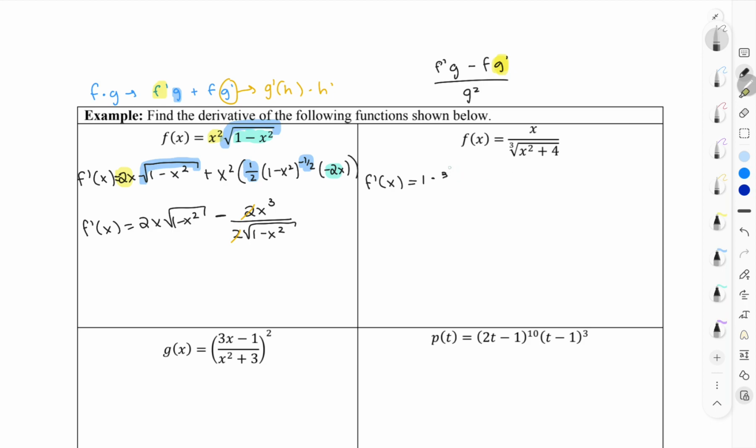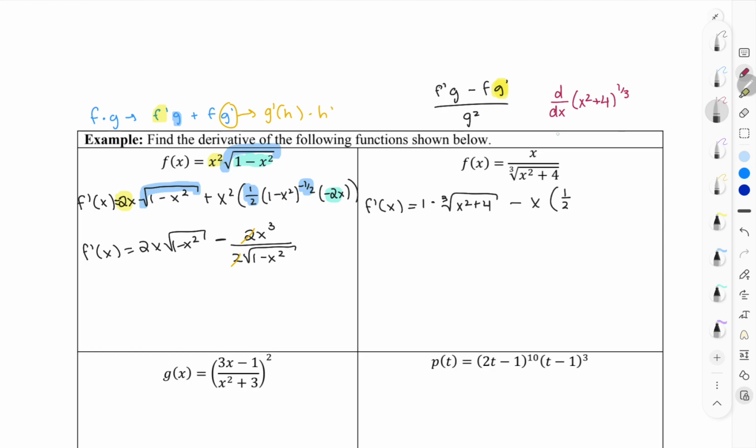X squared plus 4 minus, now it's x. Now it's the derivative of this thing, right? So when I take the derivative of this denominator portion, when I do dx of x squared plus 4 to the 1/3, I'm getting 1/3 x squared plus 4 to the negative 2/3 times 2x from that derivative of the inside.